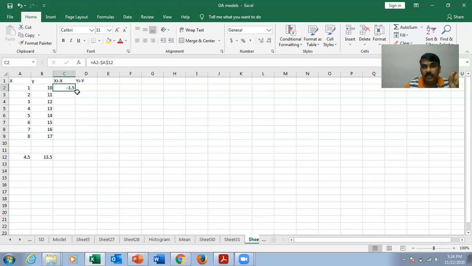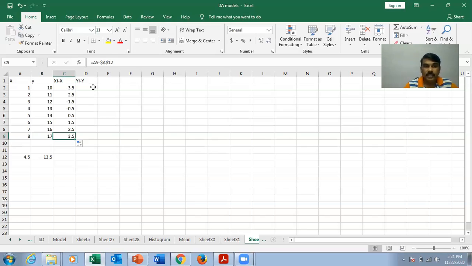Now if I drag, you'll see the values come automatically. Here all the values have taken 4.5 as the mean.